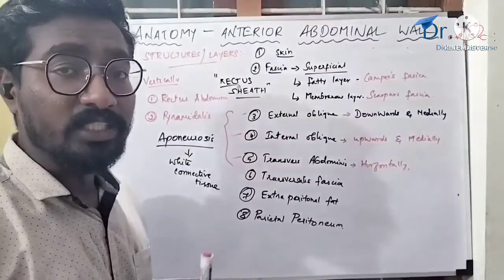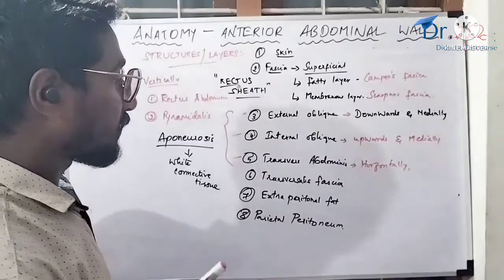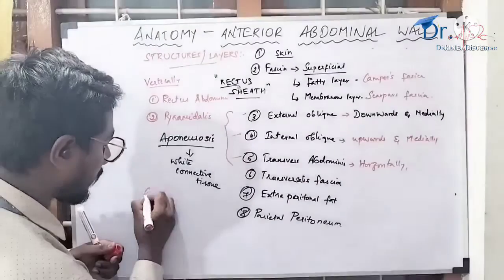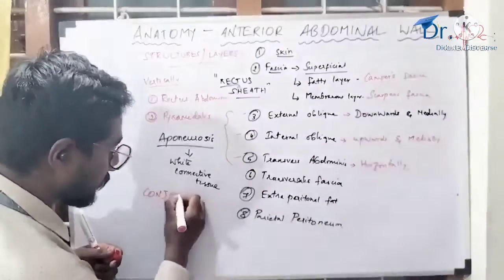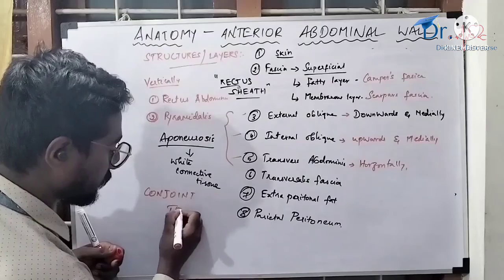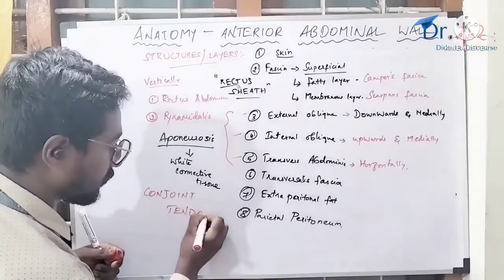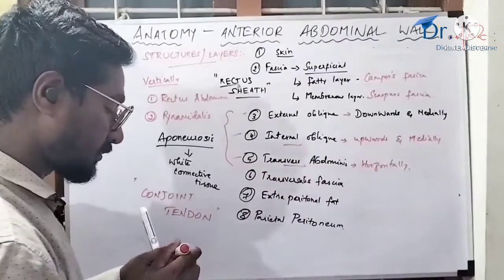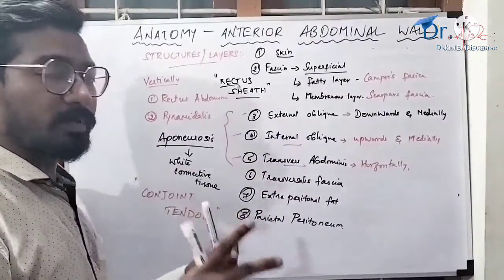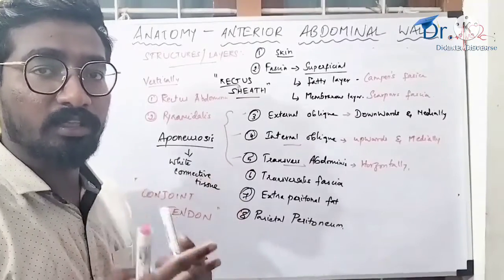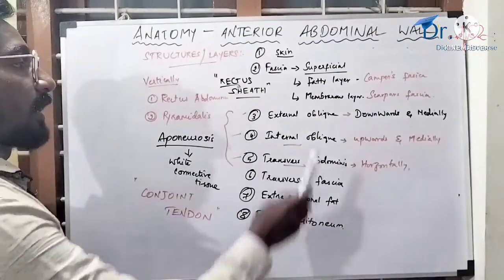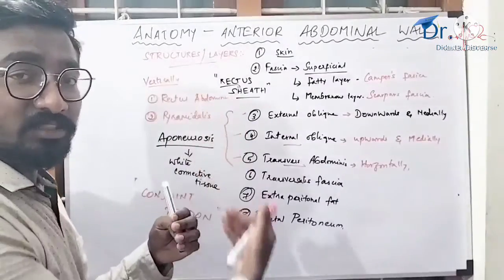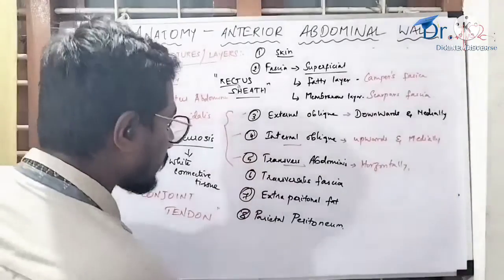And also there's a tendon called the conjoint tendon, which is formed by the aponeurosis of the internal oblique muscle as well as the transverse abdominis. Alright.